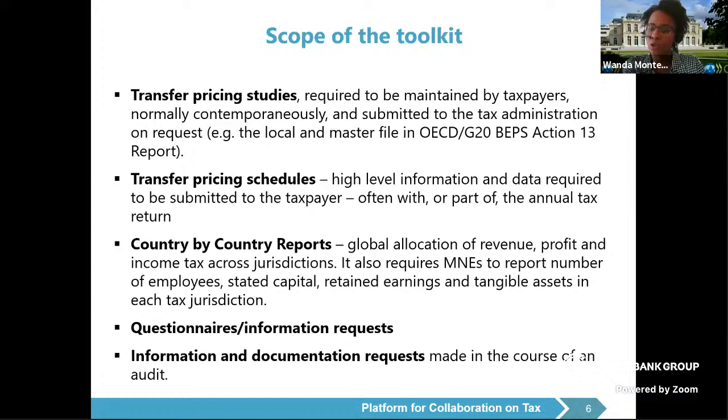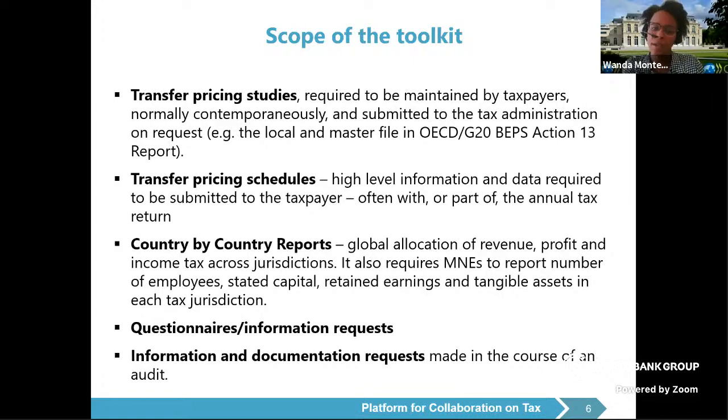Another element is the country-by-country reporting. For the purpose of the country-by-country report, we rely largely on all the work and guidance that has already been produced by the inclusive framework in order for countries to be able to implement this element of the documentation in an effective way.